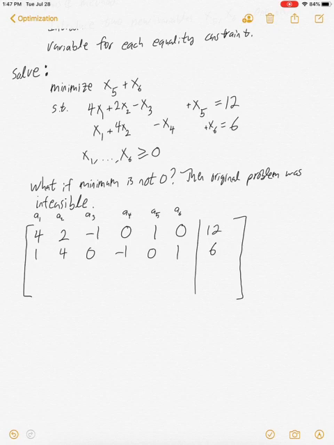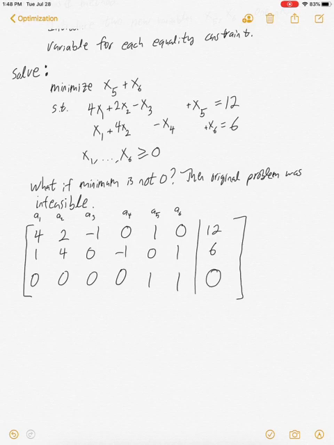And now what's our objective function that we're trying to minimize? When we're doing the two-phase method, we're trying to minimize x5 plus x6. So I have x5 plus x6, and none of x1 through x4. And I'll put a 0 here to start off.